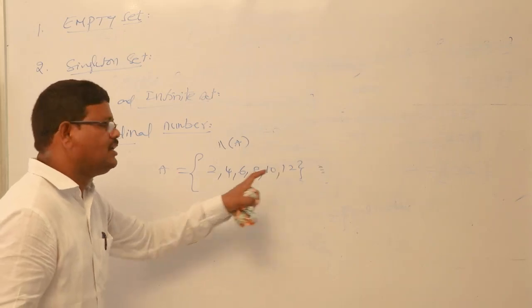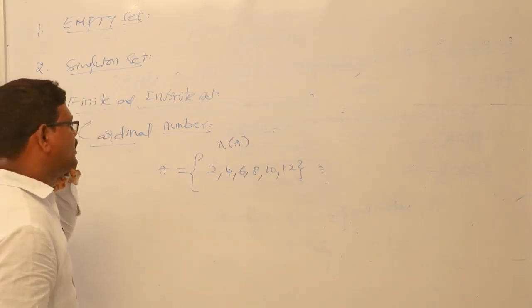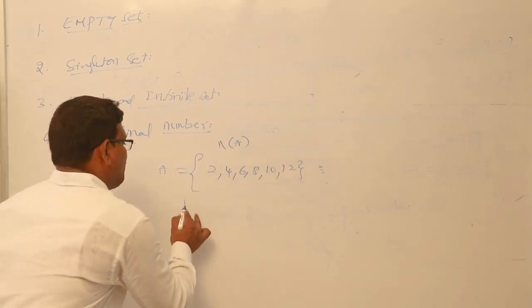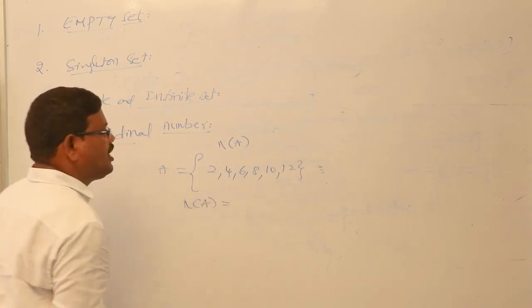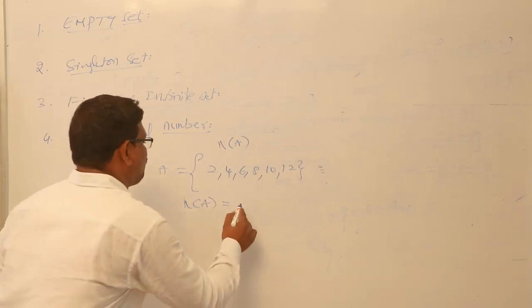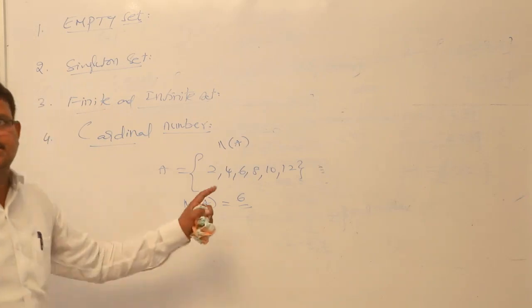Here we have 6 elements, so the cardinality n(A) equals 6.